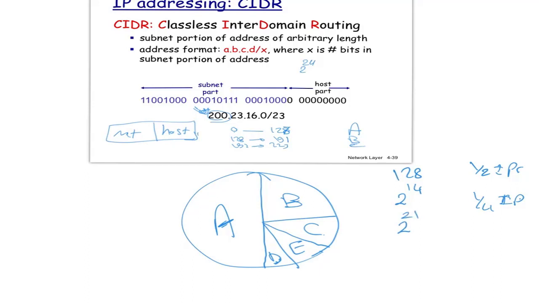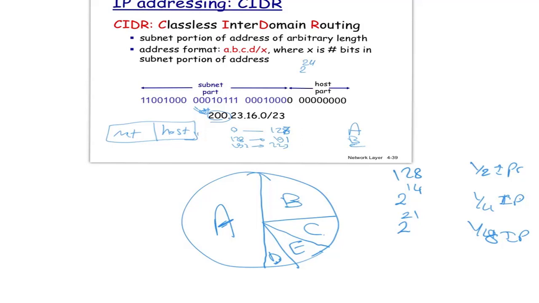Each one of them is very poor, and collectively they have 1/8 of the IPs. So as you go from one class to another, the number of networks is much bigger, and collectively all of them have a small amount of IPs.